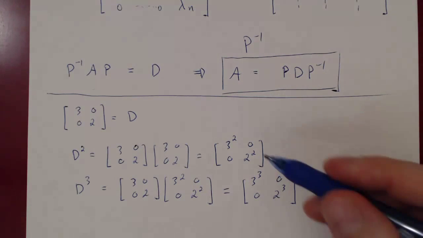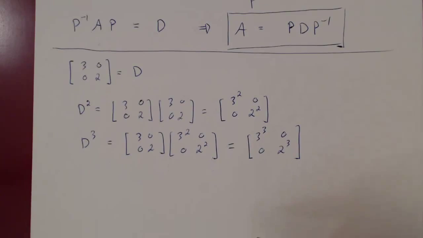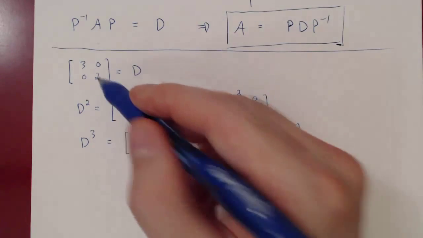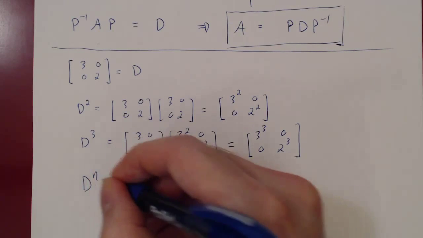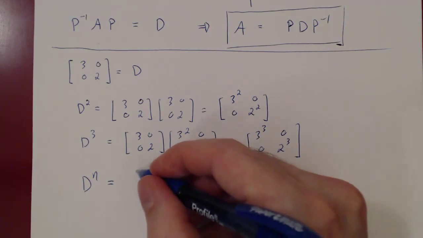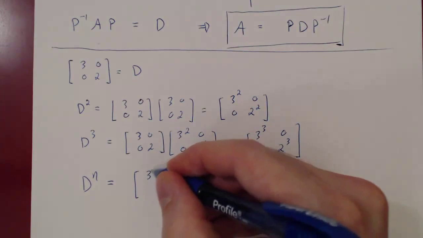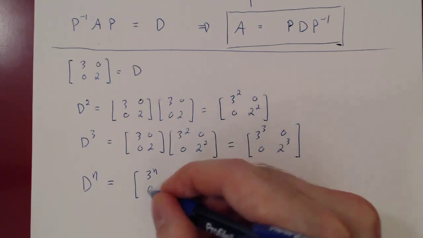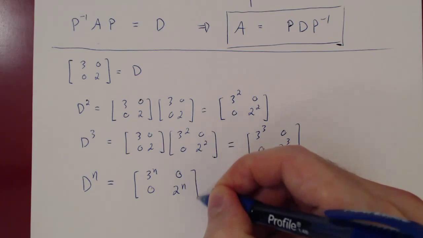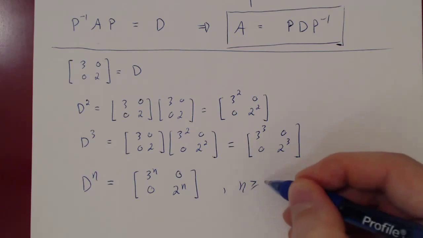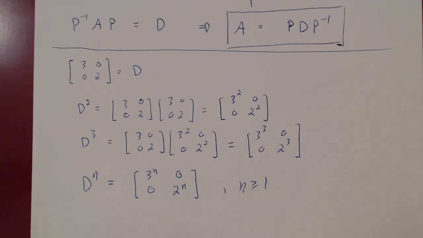And in general, you can see where this is going. If you ask, well, given that D is a diagonal matrix, what is D to the nth power for any n? What you get is simply the nth power of the diagonal entries. So 3 to the n, 0, 0, 2 to the n, for any n greater or equal to 1. And that's really the idea.